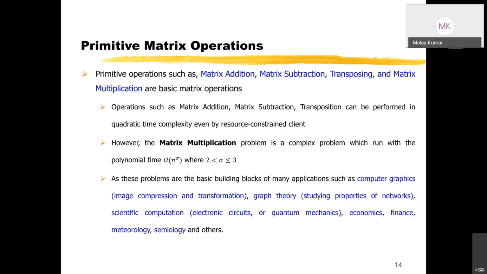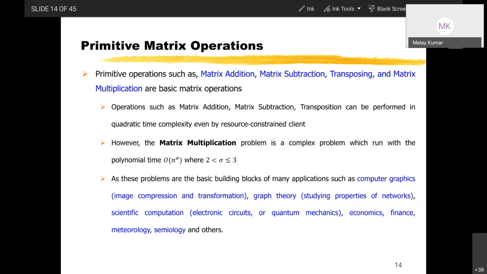Matrix addition, subtraction, and transposition can be performed in complexity of order n square, that is, quadratic time complexity.